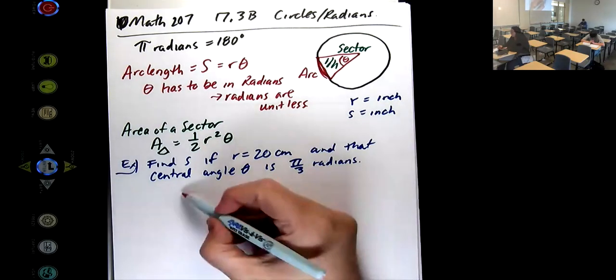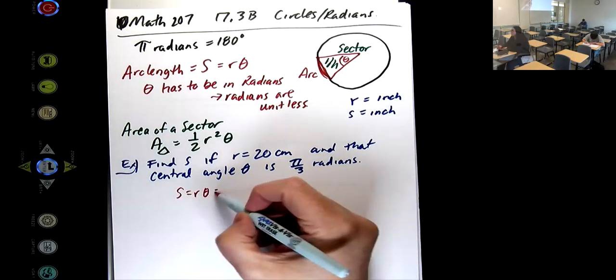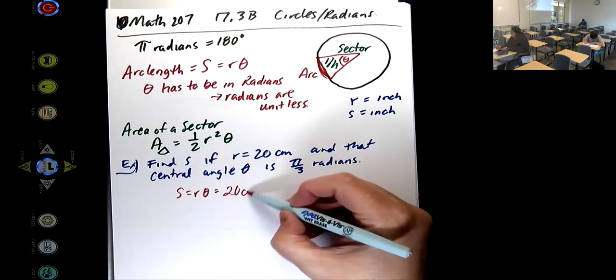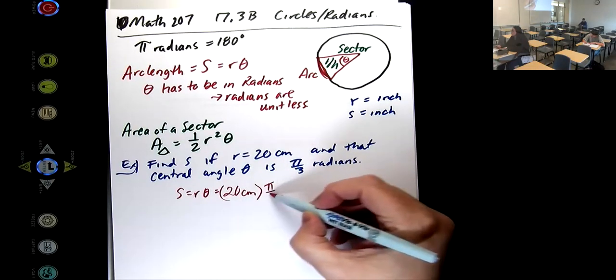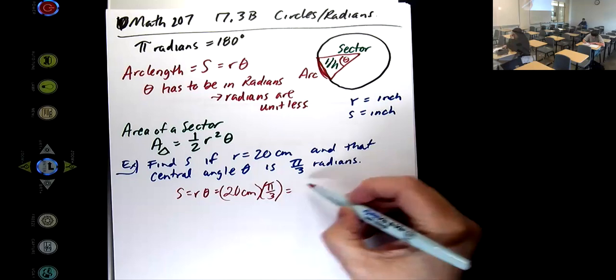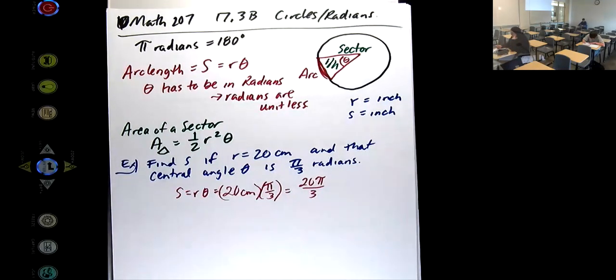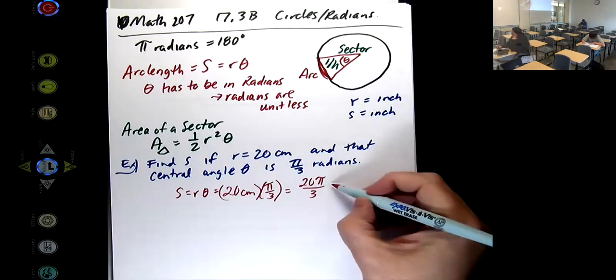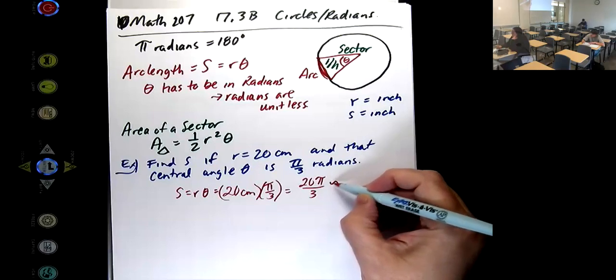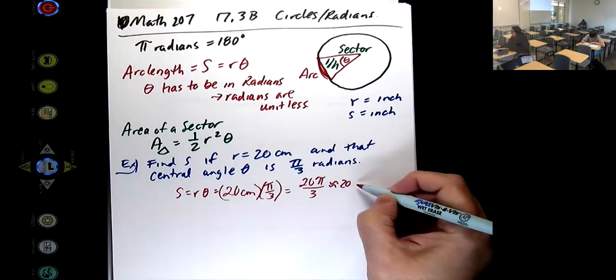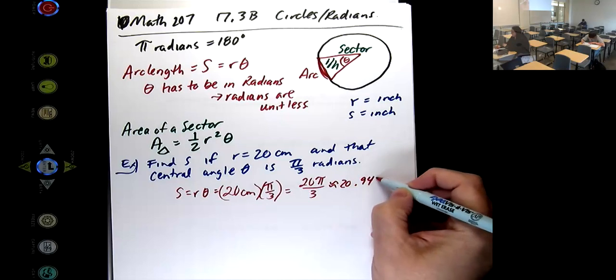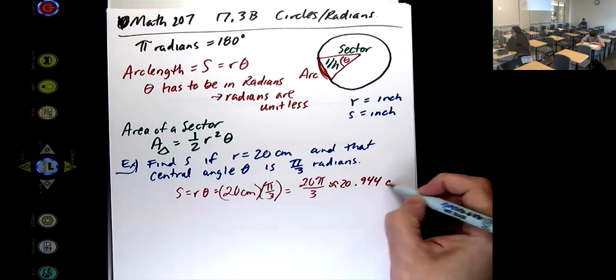So S equals R times theta, which equals 20 centimeters times pi over 3 radians, which is 20 pi over 3. And let me figure out what that measurement is on a calculator real quick. 20 times pi divided by 3 is approximately 20.944. It's also in centimeters.